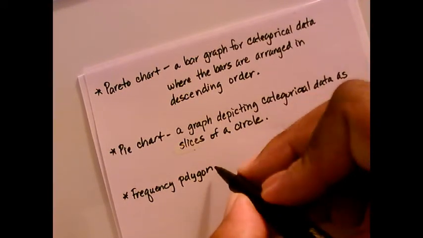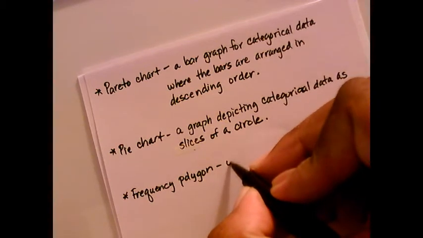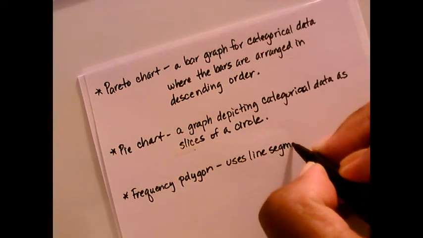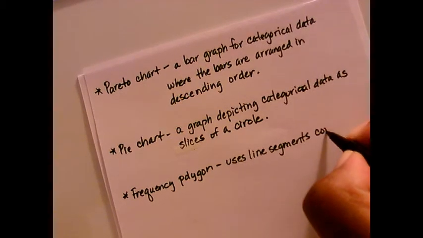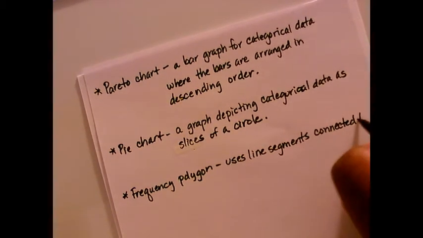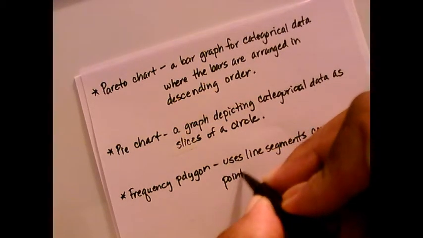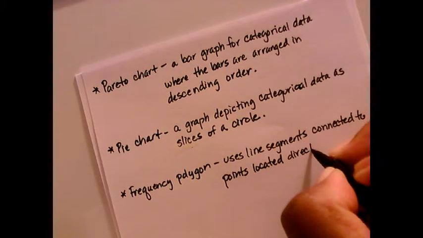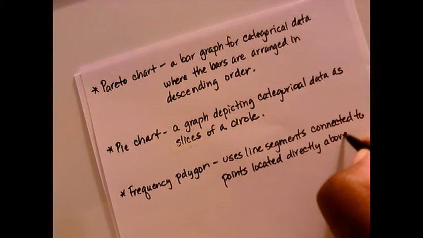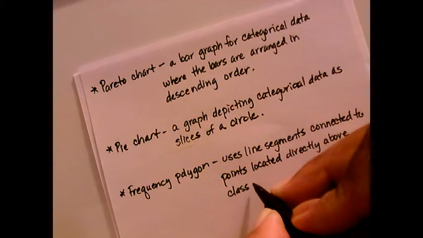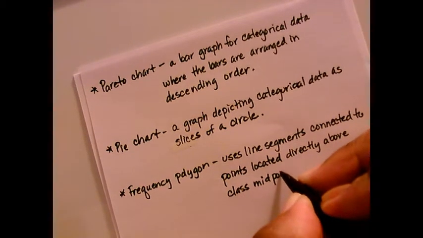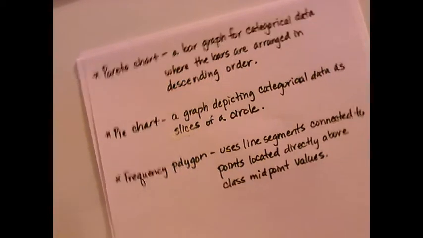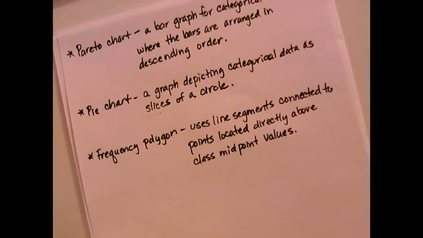So a frequency polygon is a graph that uses line segments connected to points located directly above the class midpoint values. So that's what a frequency polygon is by definition.